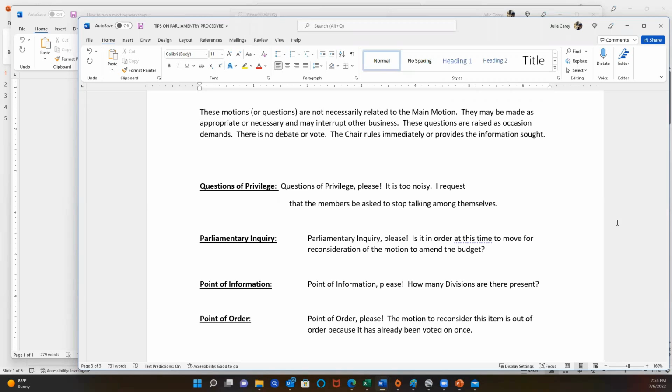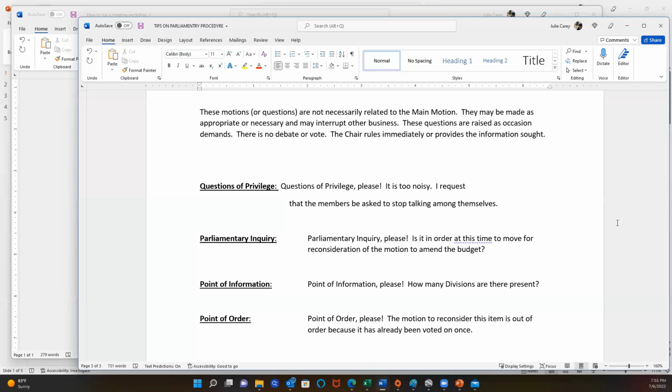That has precedence over everything, which means if somebody's trying to make a motion, you can say, wait, I have a question of privilege. A parliamentary inquiry is for the parliamentarian to see if something is in order.